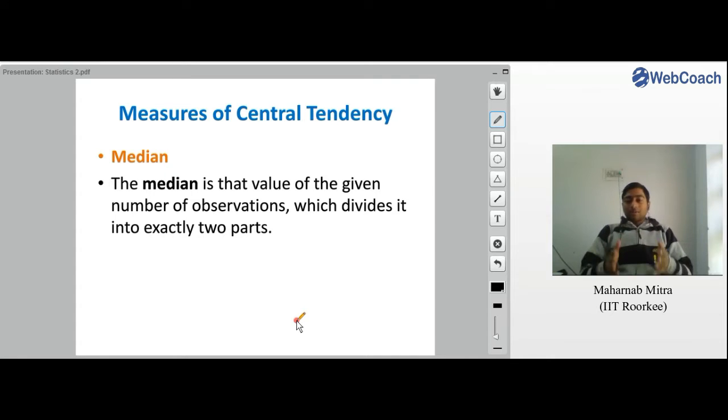And from the term only it seems median must be somewhere in the middle, right? And the term exactly tells us that the number which we are finding should be exactly in the middle.